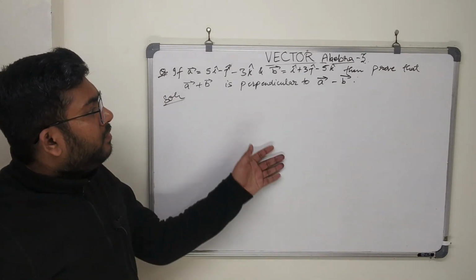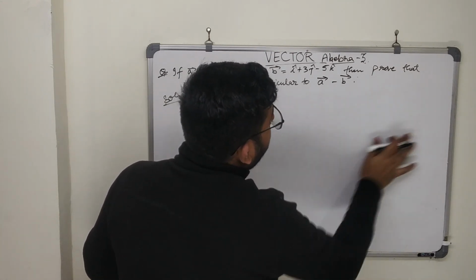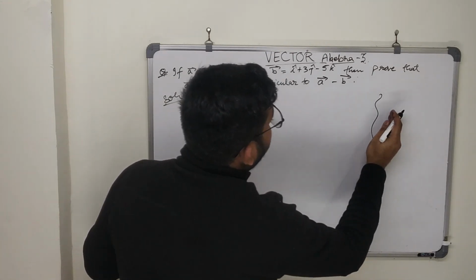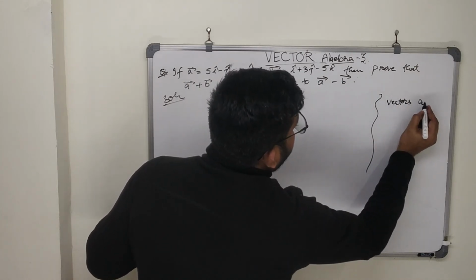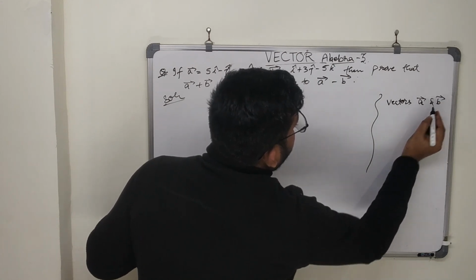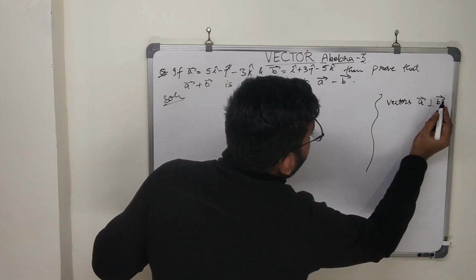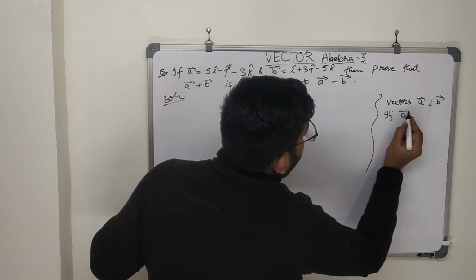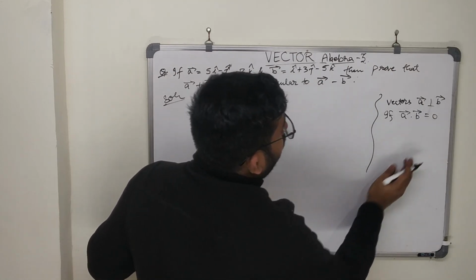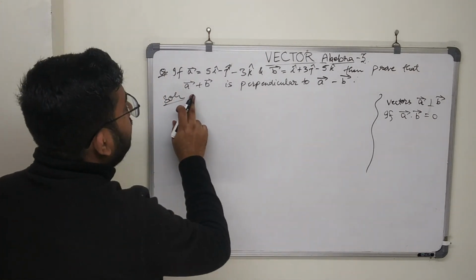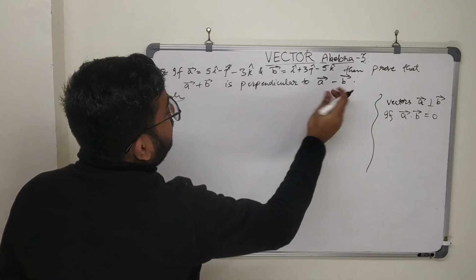While we were studying some important cases of scalar product, two vectors a vector and b vector will be perpendicular, or a vector will be perpendicular to b vector, if a vector dot b vector is equal to 0. But in this question we have to prove a vector plus b vector is perpendicular to a vector minus b vector.